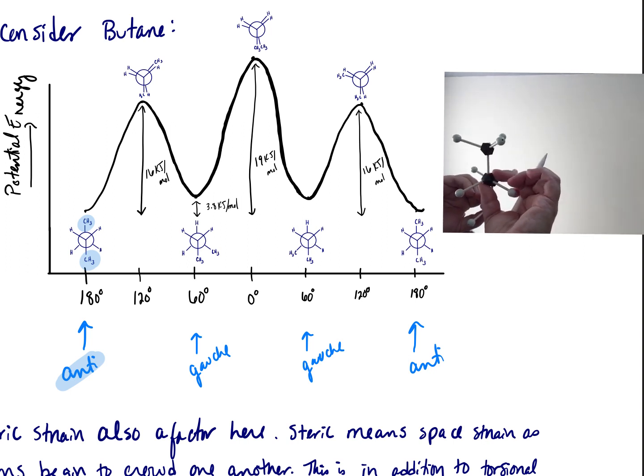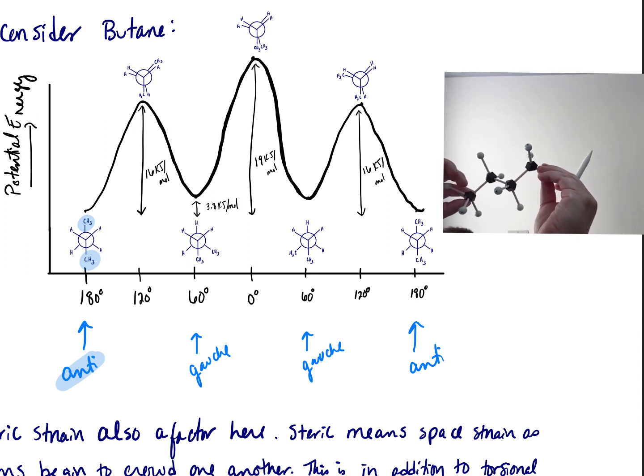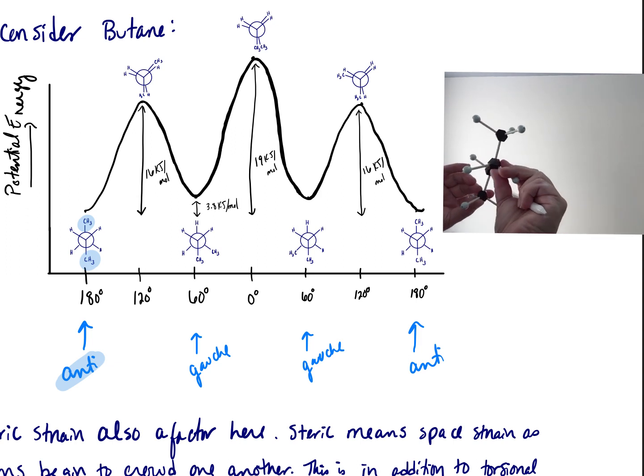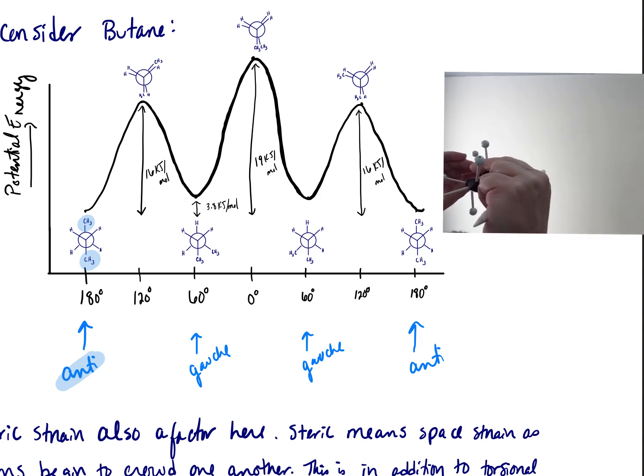So notice that if I'm looking at butane, I'm viewing this from the second carbon and the third carbon. And let me do it the other direction, because I have it going the other direction, where CH3 is going down in the front and CH3 is going up in the back.